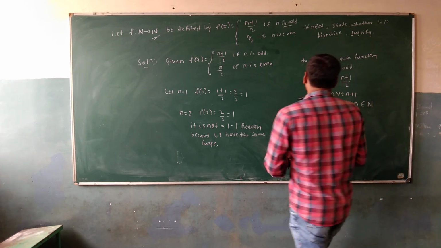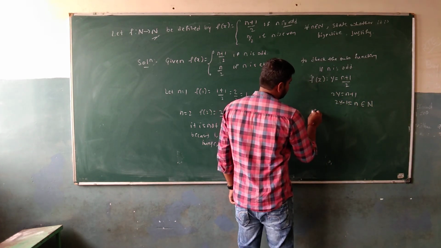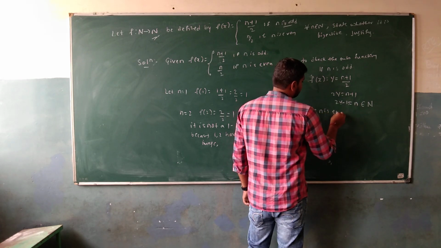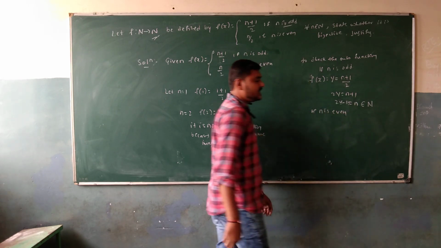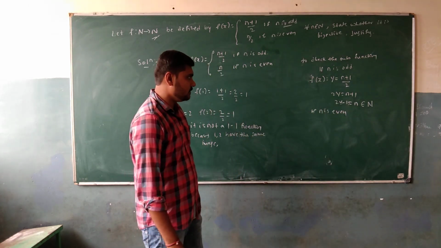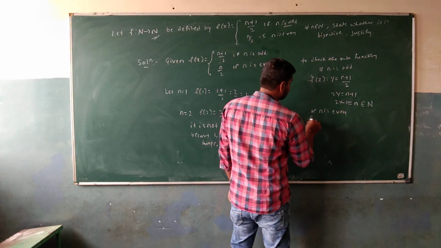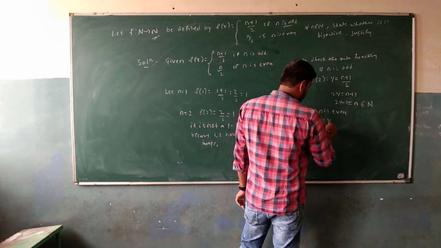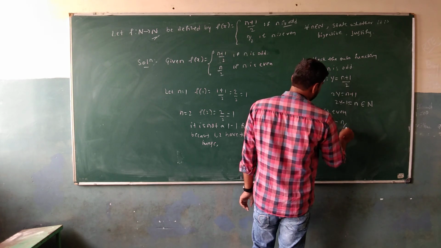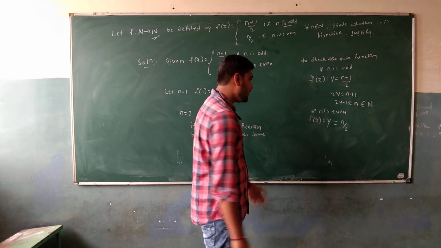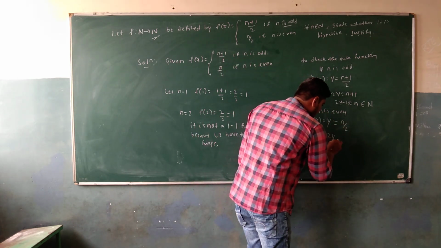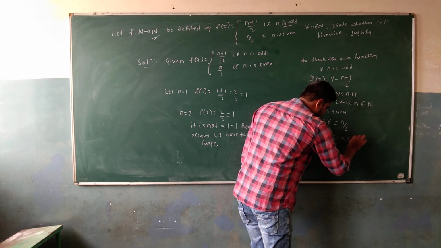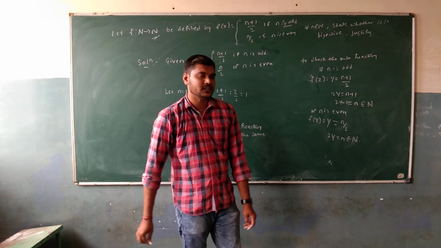Now if n is even, then f of x is equal to y, which is nothing but n by 2, or you can say that 2y is equal to n. This also belongs to N. Let me verify.